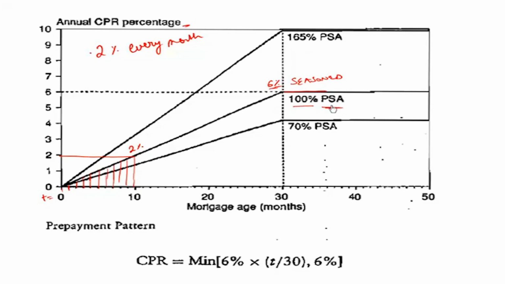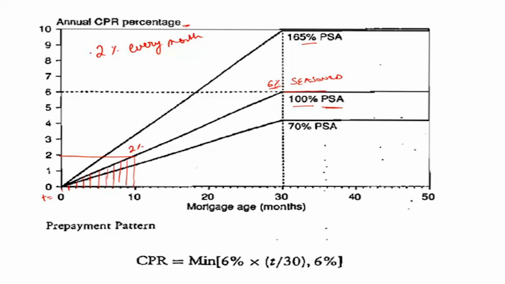In certain conditions and certain applications, you may want to model more aggressive prepayments, or you feel that interest rates are expected to fall, or for whatever reason, prepayments may be higher than 100% PSA. So you can model a 165% PSA, whereby prepayment increases at the rate of 1.65 times the 100% PSA.